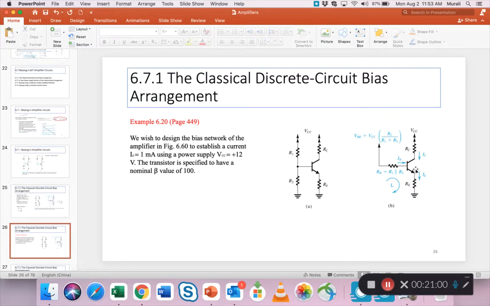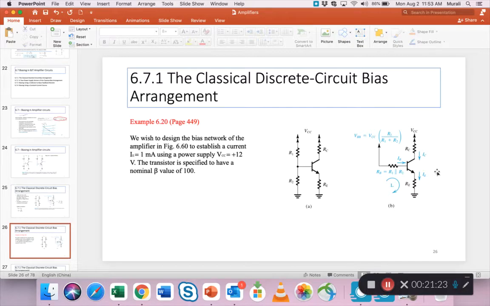Okay, and using that, how do you go about finding the voltage at the base, at the emitter? He shows you, and make sure you understand that particular system, because you'll probably use that quite a bit.